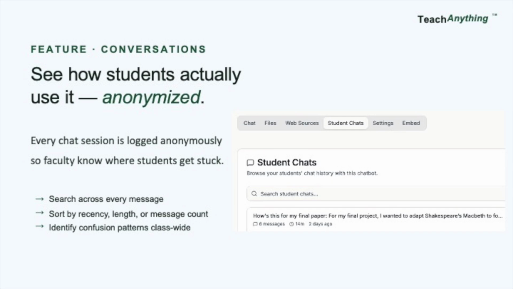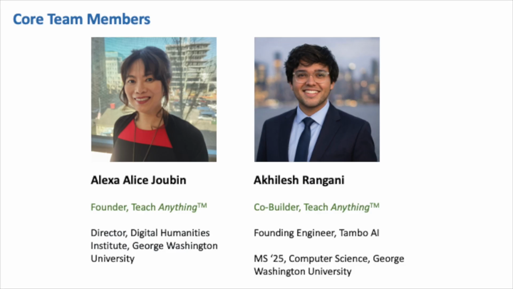This is my team. Akhilesh Rangani, my former student, was a computer science master's student at George Washington University. He has since graduated, and starting this January, he has been at a startup. He's the lead engineer at Tumble AI, and he continues to be involved in this project as our lead engineer.